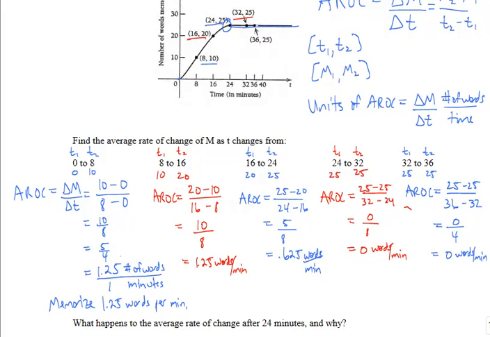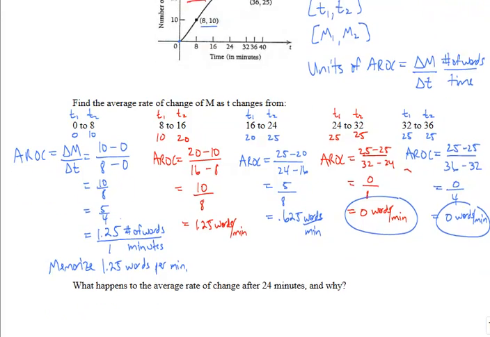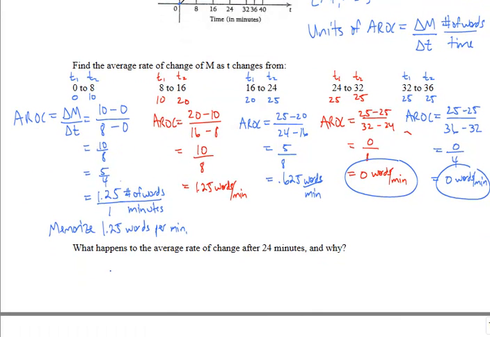Well, since these y values, these number of words memorized, are staying flat at 25, then our average rate of change between any two of these points will always be 0 on top. And we saw that here and here. Why would that make sense in the context of the problem? Well, the average rate of change is going to 0 because as time progresses, you've exceeded your short-term memory.